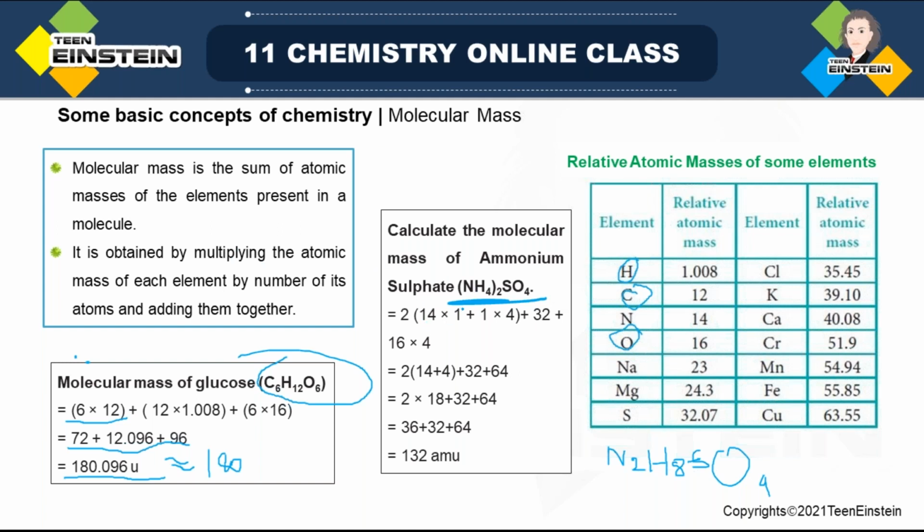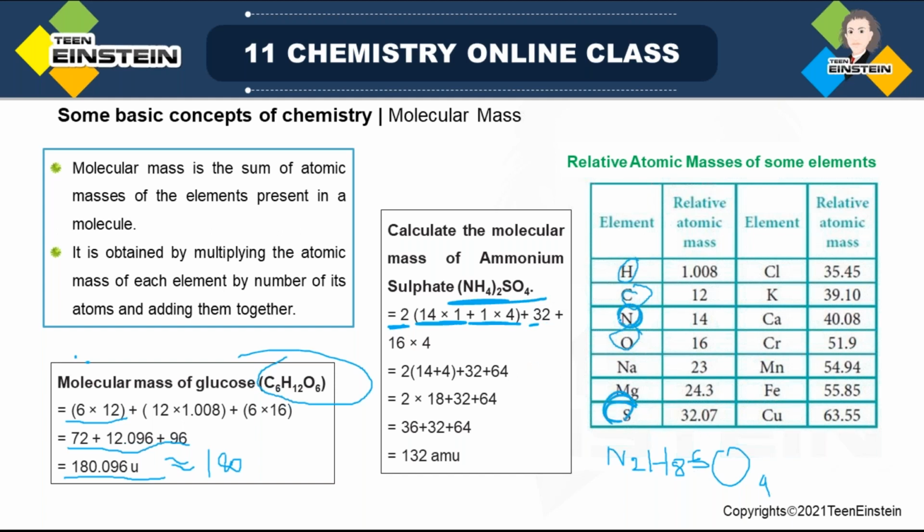Here, as there are 2 ammonium ions, 14 into 1 is for nitrogen, 4 into 1 is for hydrogen. So for 1 NH4 unit, it is 14 plus 4, that means 18. This 18 should be multiplied by 2, because the ammonium ion comes 2 times. Then sulfur has atomic mass 32.